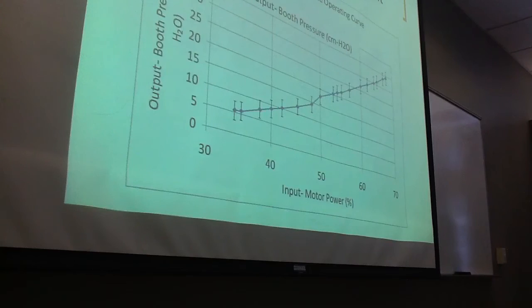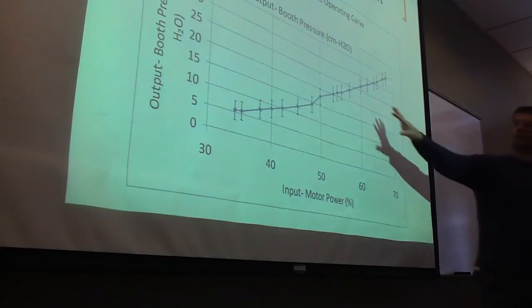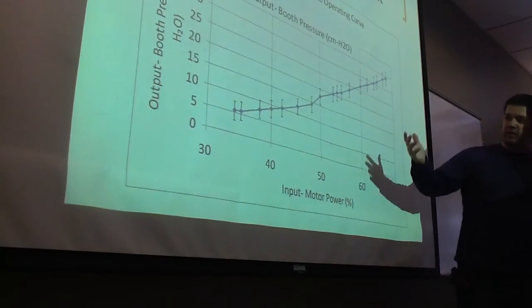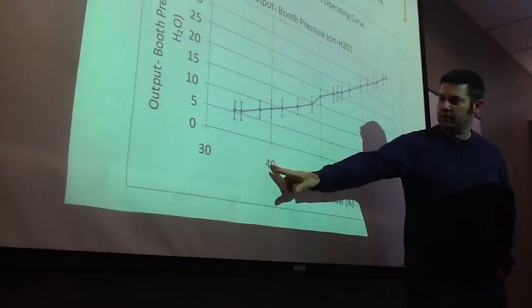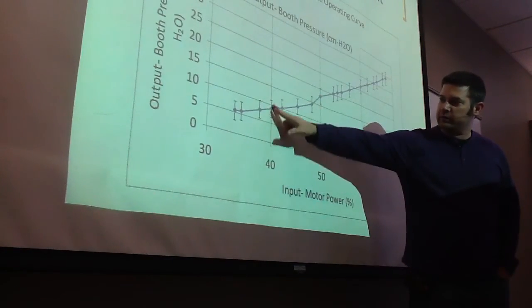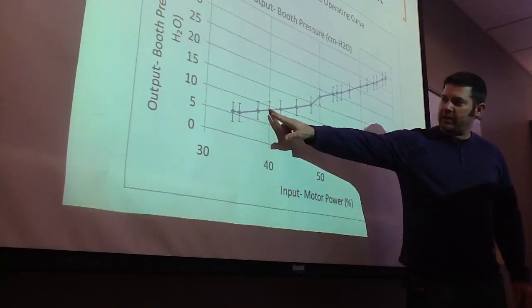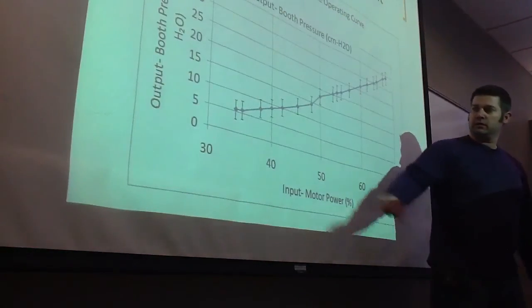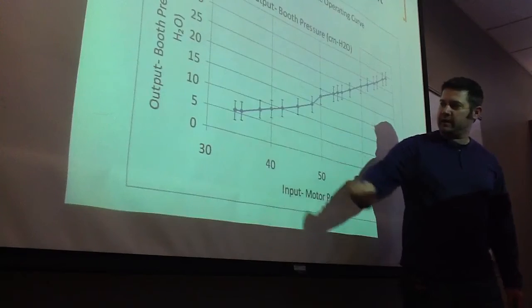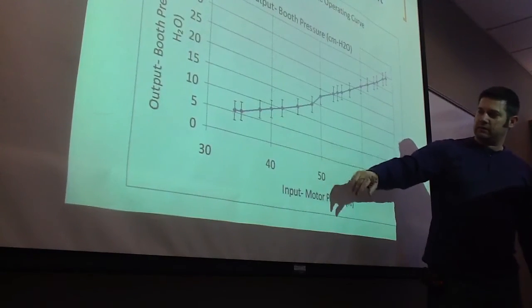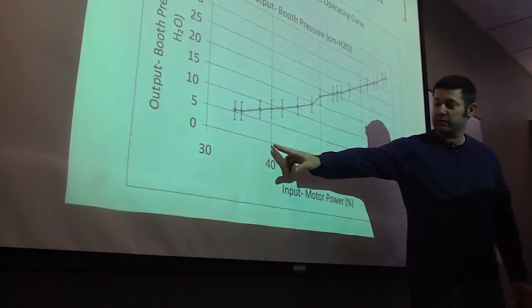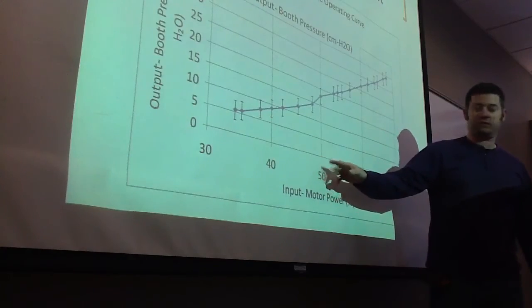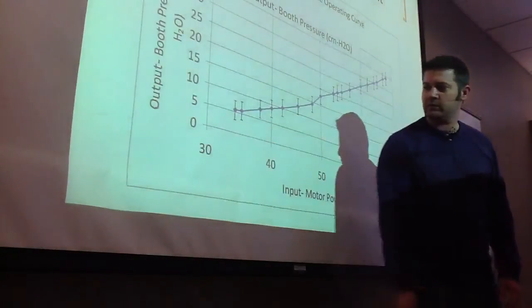In order to set the relay feedback correctly, we would use the steady-state operating curve. You would find a point like here on 40% input. Here you would have about 9 for your set point. So you would set your set point at 9, and then you would set your ceiling 10% above, and your floor 10% below.